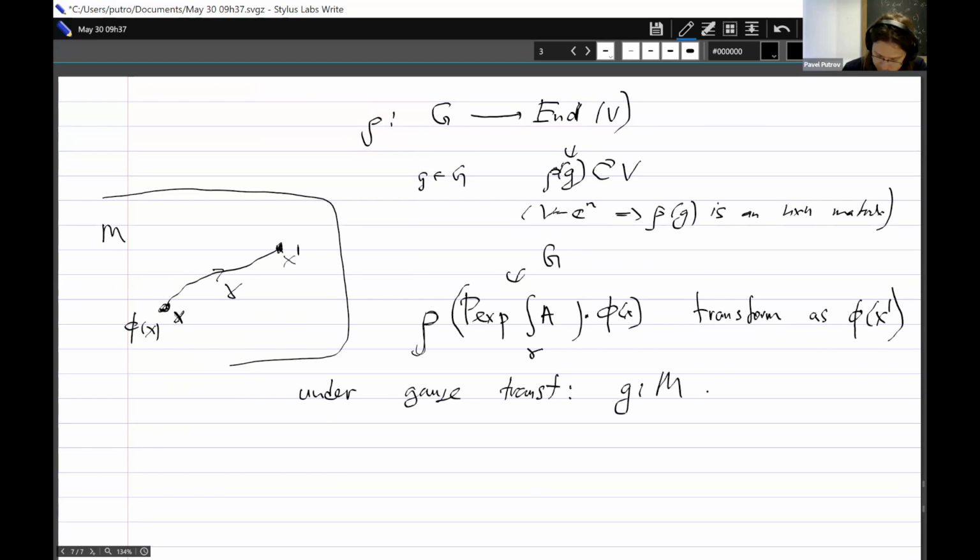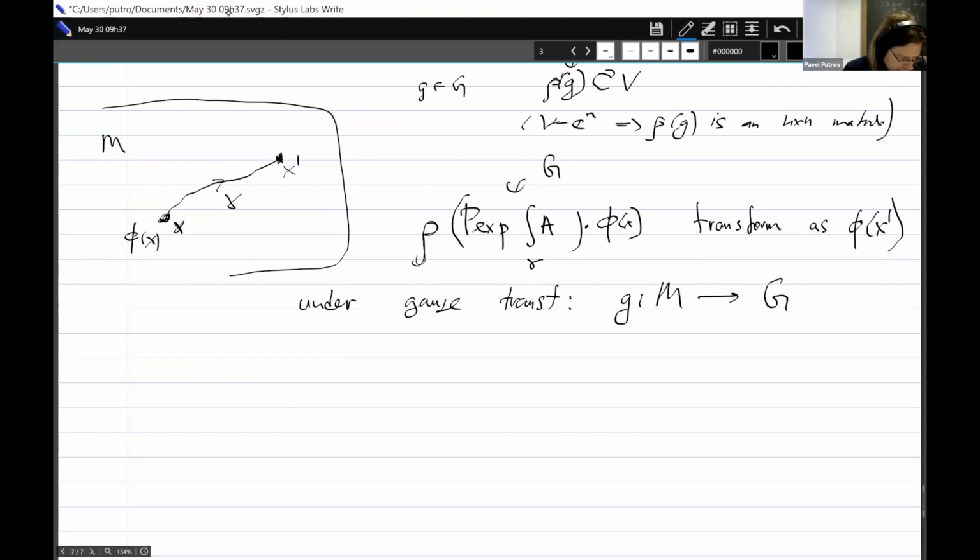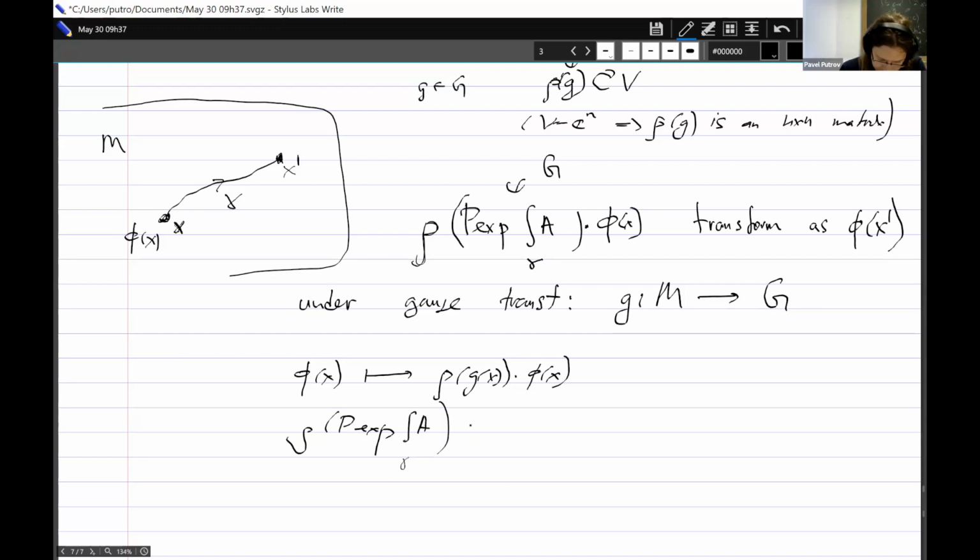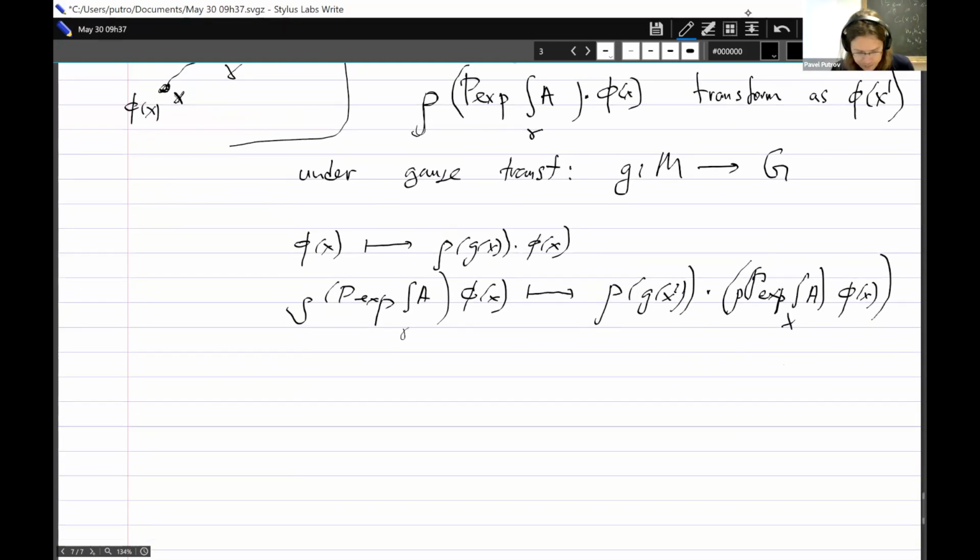A gauge transformation is a map from my spacetime to my gauge group G, and under such a gauge transformation, φ of x goes to ρ of g of x times φ of x. Then, basically, the gauge transformation of the field A is such that this will go to ρ of g of x prime times the same thing as before.